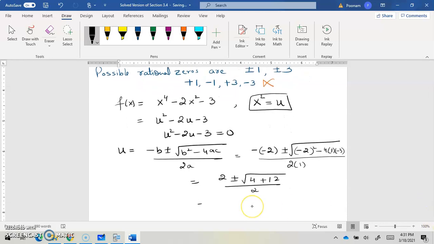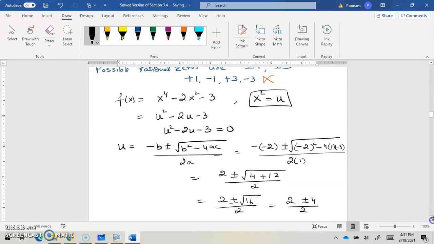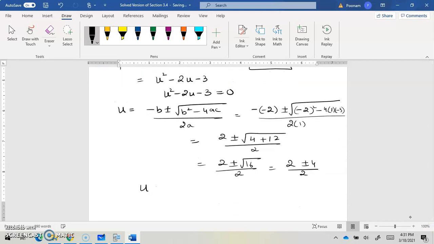So we have 2 plus minus 16 by 2, which is 2 plus minus 4 by 2. That means u is 2 plus 4 by 2 or 2 minus 4 by 2, which gives 6 by 2, which is 3, or -2 by 2, which is -1.